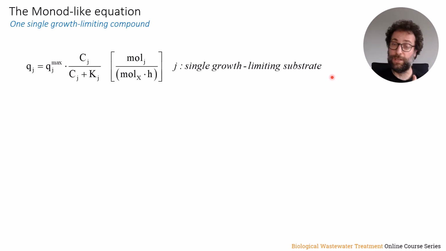In other words, as we said, all substrates are in excess and there is only one substrate that is proportionally lower. It is consumed as a function of the maximum biomass-specific growth limiting substrate consumption rate multiplied by this switching function, which depends on the concentration of the substrate and the half saturation constant.